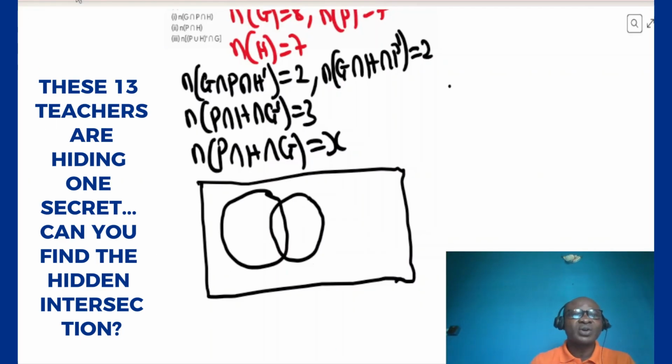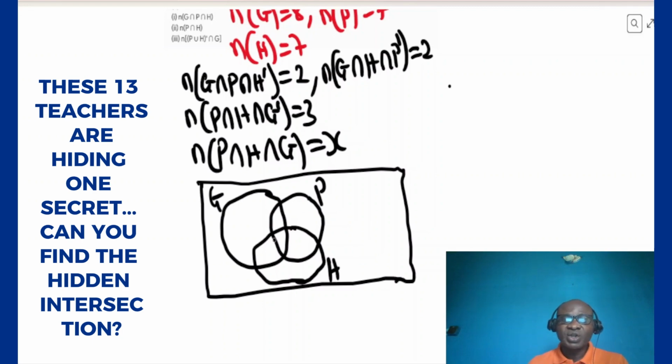So the third one will carry my information. Now, at the middle here, this place is government, geography, and history. So at the middle, those who teach the 3 subjects, they are X in number.